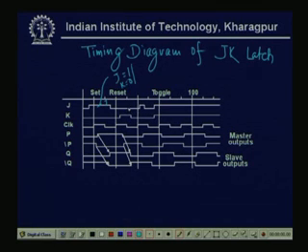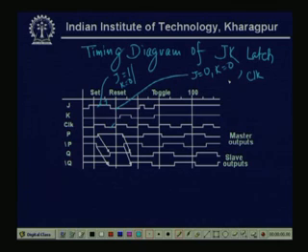Now, when the clock becomes high, see this situation here, J is 0, K is also 0, and at that time the clock becomes 0 to 1. Just before that the clock was 0.